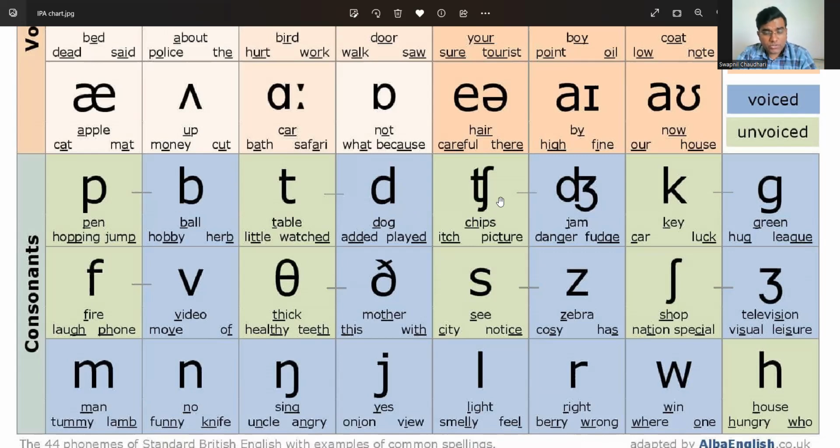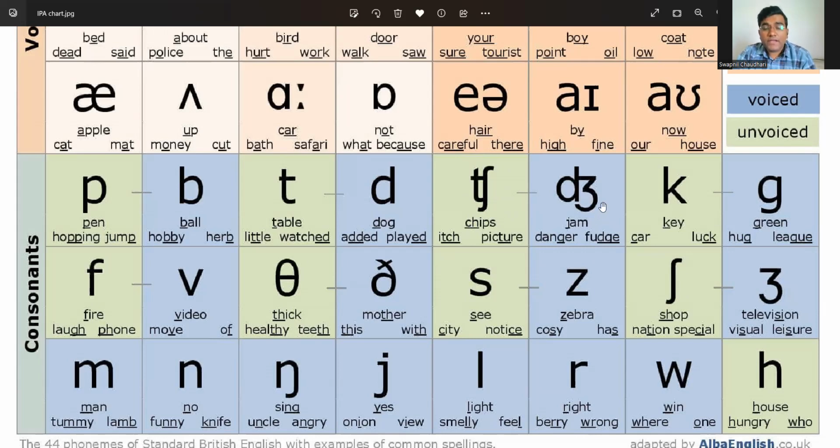And this one is new. This is the ch sound, as in chips, itch, picture. The ch sound is represented by this symbol. You can see this is the t from here and sh from here. When written together like this, the symbol represents the ch sound.